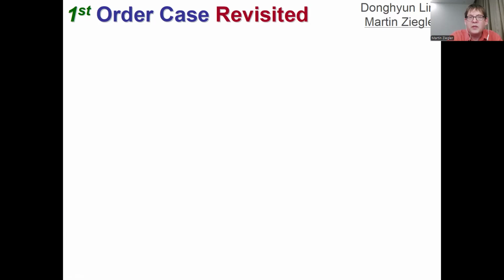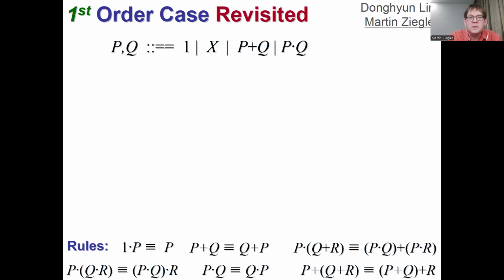Now we take a new perspective on first and second order polynomials, taking the composition as a primitive operation, not as a derived operation. So this was our previous definition, and these were the properties which we turned into syntactic axioms.